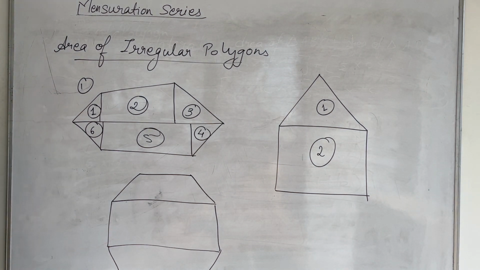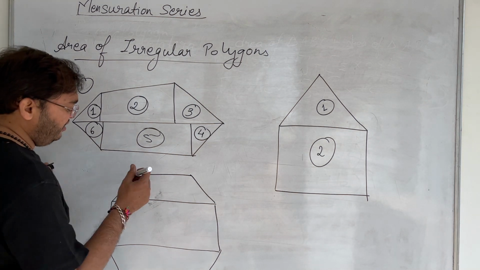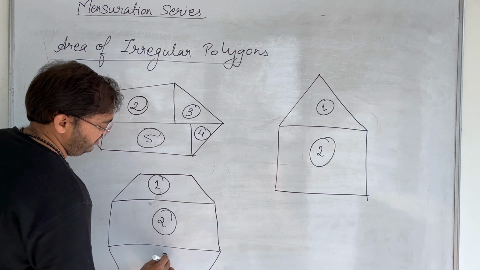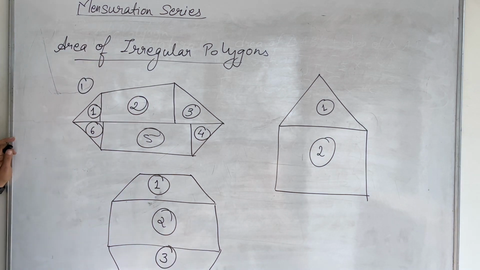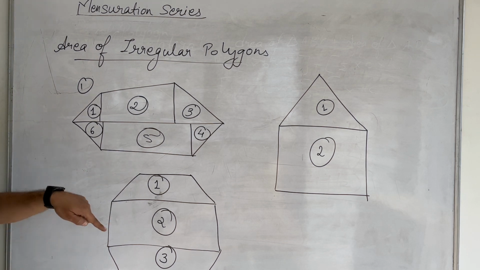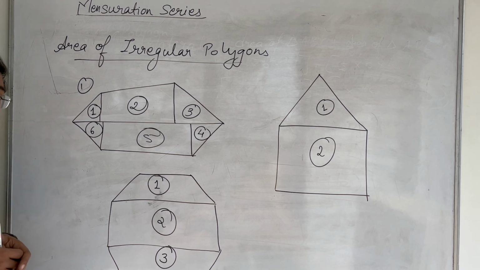It has been constructed with first a trapezium, second a rectangle, and third also a trapezium. That means the area of this octagon equals area of trapezium 1 plus area of rectangle plus area of trapezium 3, and when you add up, you will get the area of the irregular polygon.